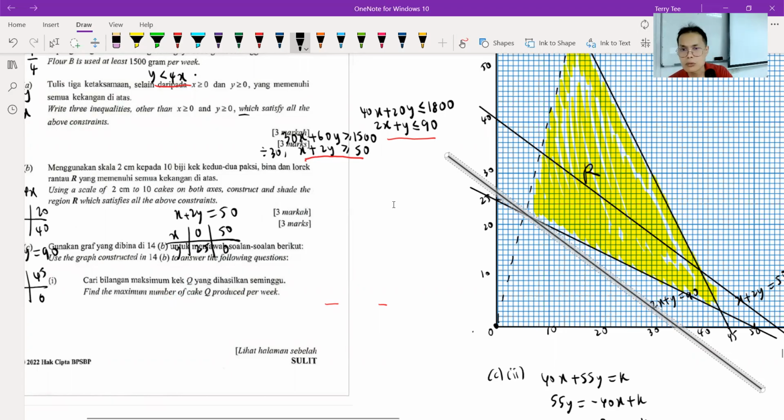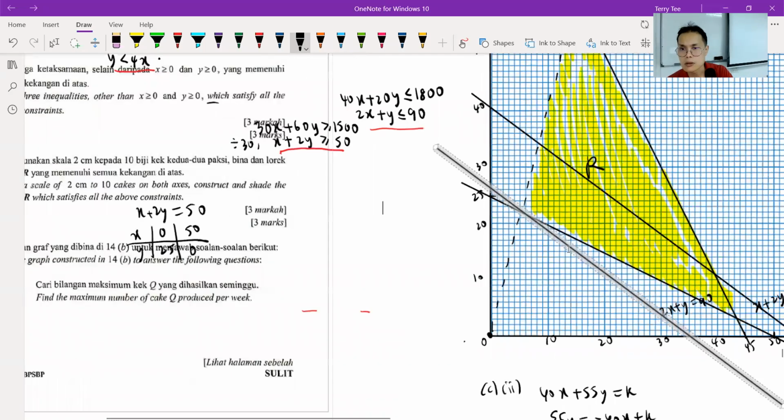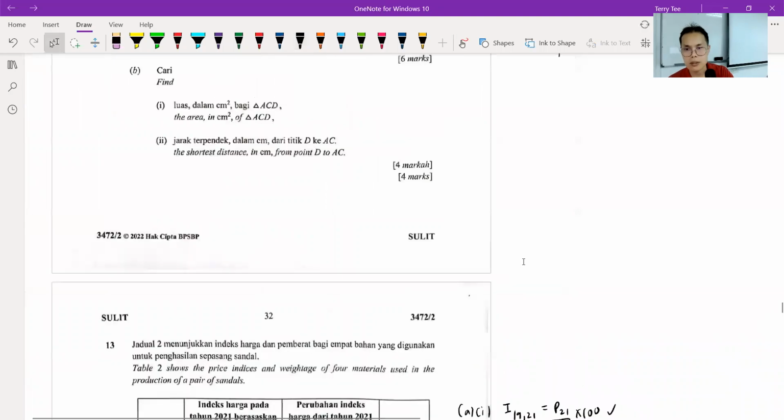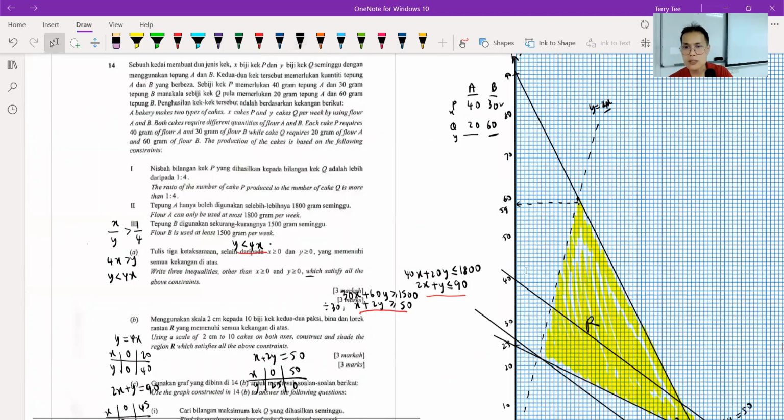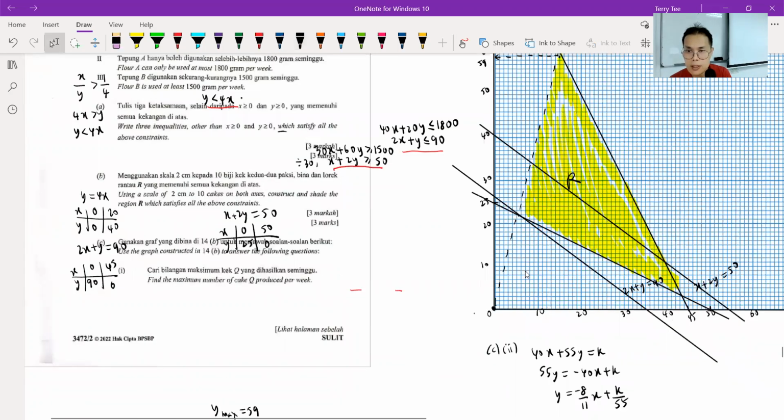Okay, I can't zoom in inside here. I just ran out. So it's about 6 and 22. So we have to pick a point inside. We cannot take the point on the line. So it's around (6, 22). So this will give us a minimum cost. We want a minimum cost, right?